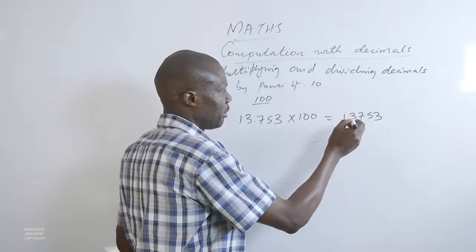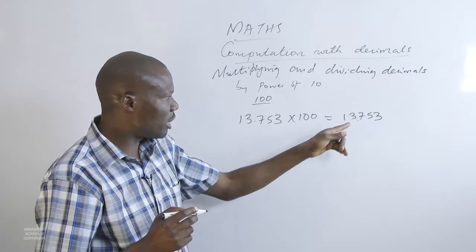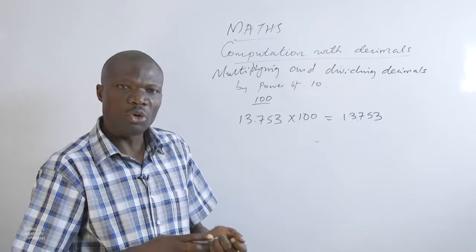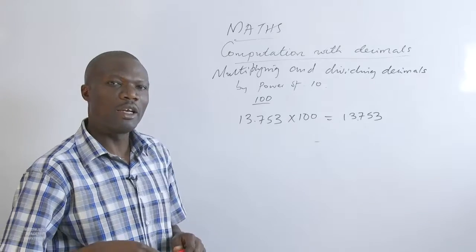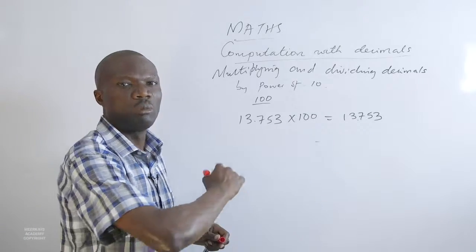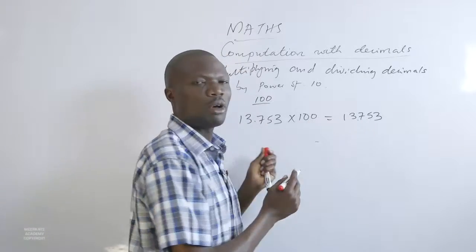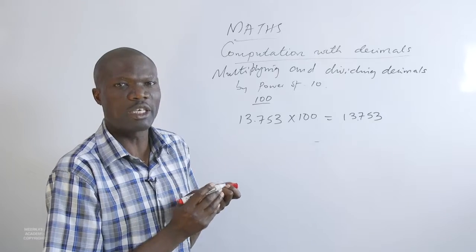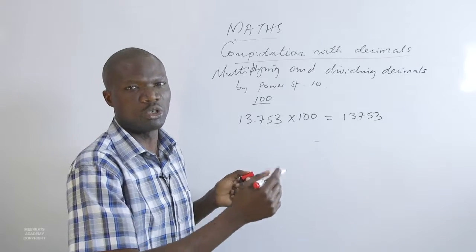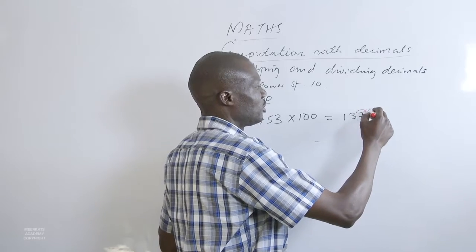which is here. The place where the decimal point was, when we multiply by 100, the decimal point will move to the right how many times? The number of zeros dictates the number of steps you will take as you move the decimal point to the right. So this is 1 and then 2.